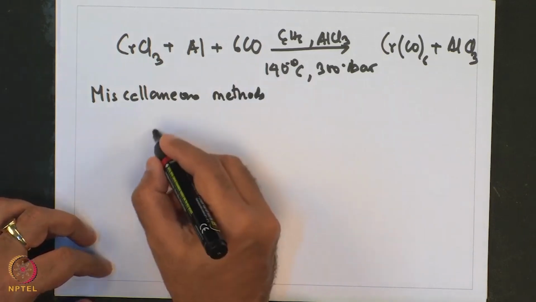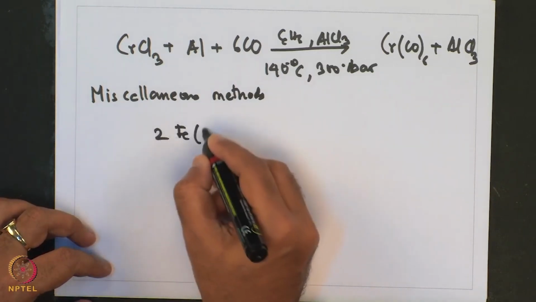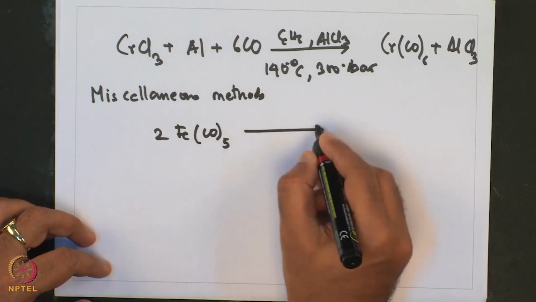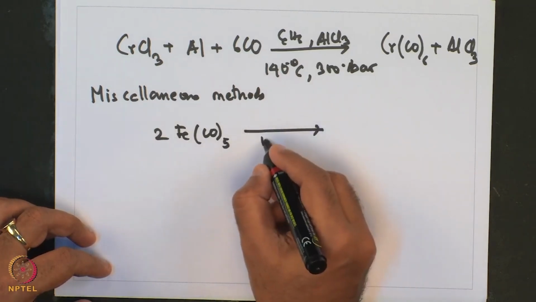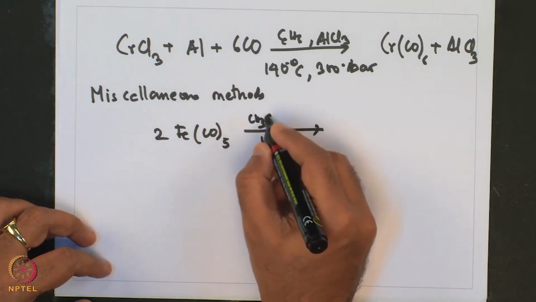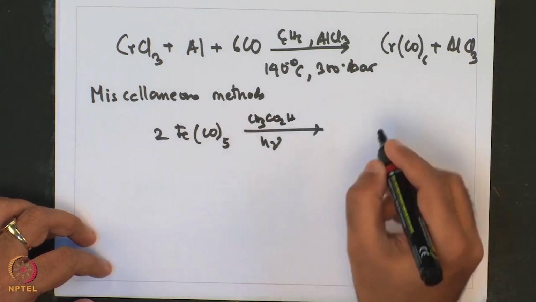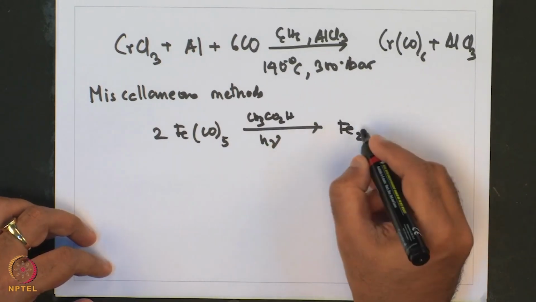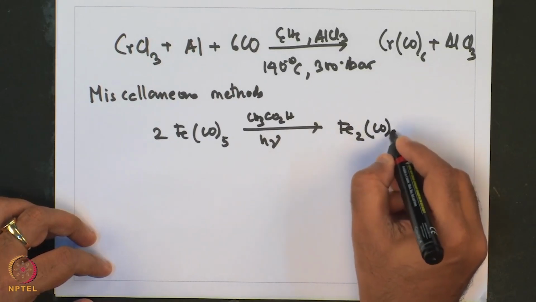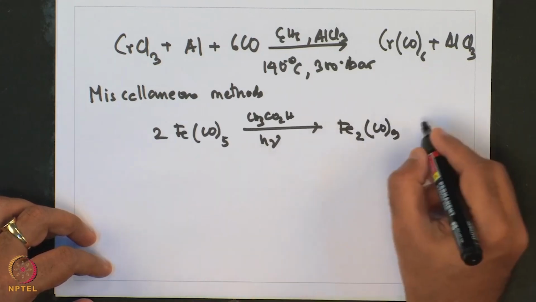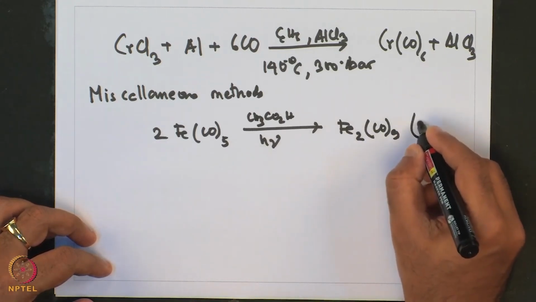For example, 2 Fe(CO)5 in presence of light and acetic acid produced Fe2(CO)9, and this reaction has been obtained as shown over here by photolysis reaction.